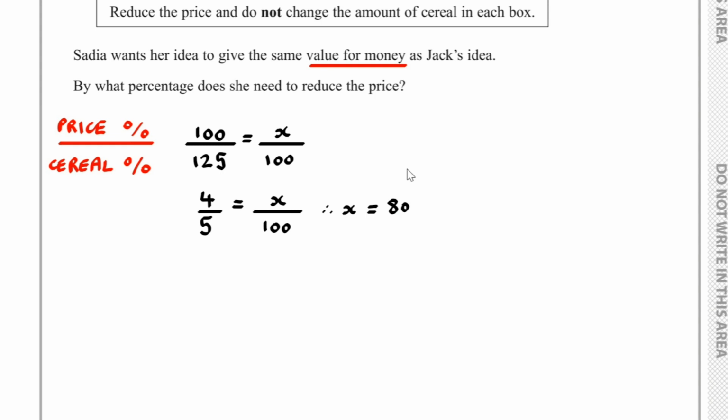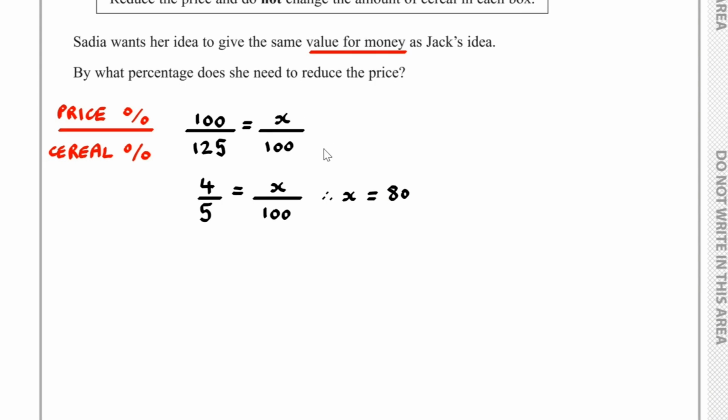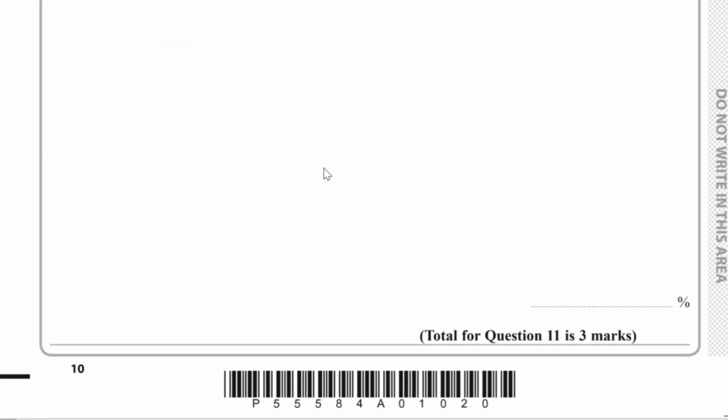And so if she has 80, that means she's reduced it by 20%.